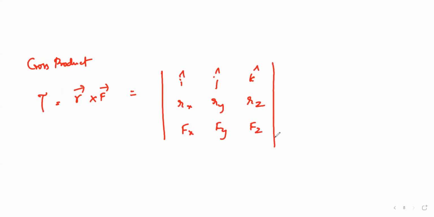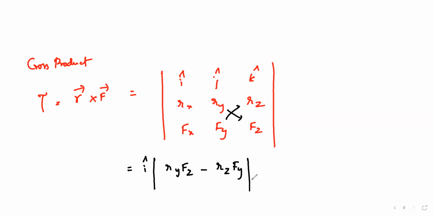So what will I be doing here now? First take I cap and then take Ry Fz minus Rz Fy.